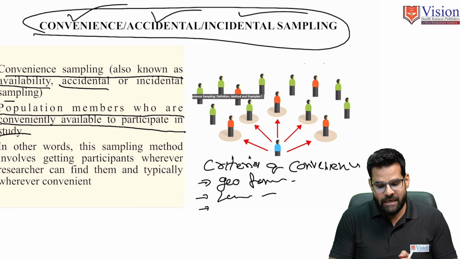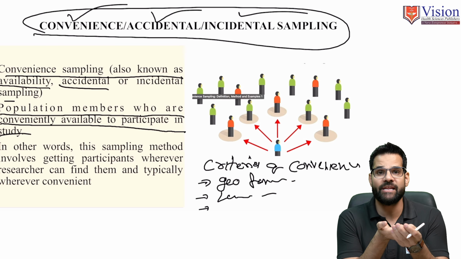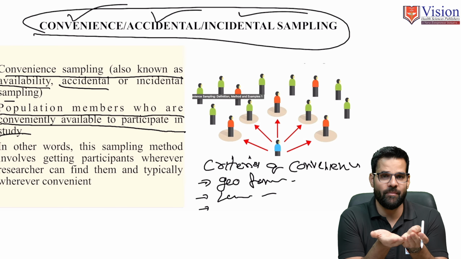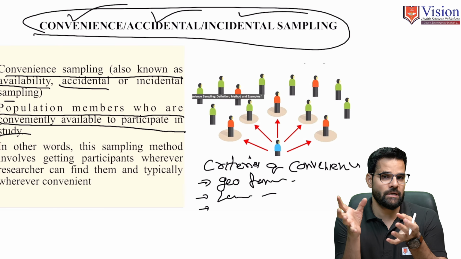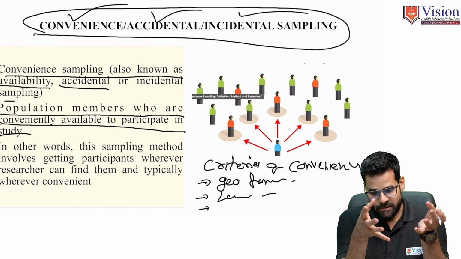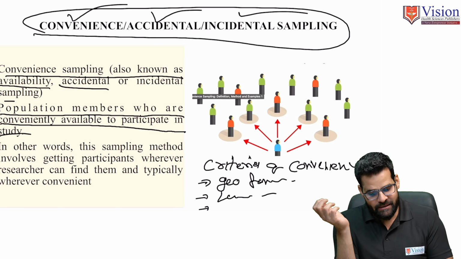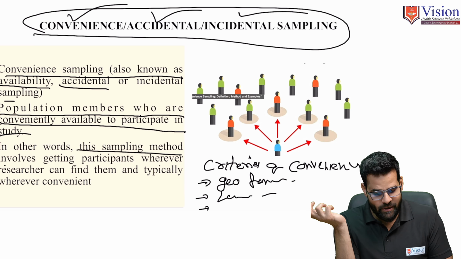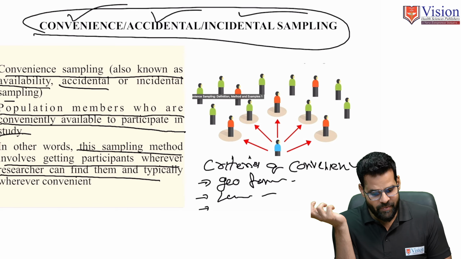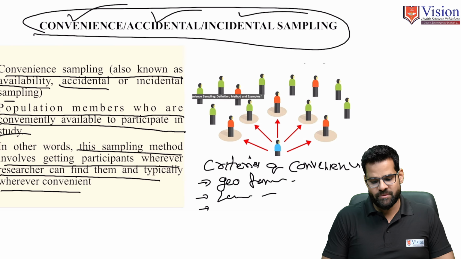So whenever you select convenient sampling, always try to write the criteria of convenience. This will help your readers understand the mindset and thought process which the researcher had while selecting the sample. In other words, this sampling method involves getting participants wherever the researcher can find them, and typically whatever is convenient. So that is one type of sampling.